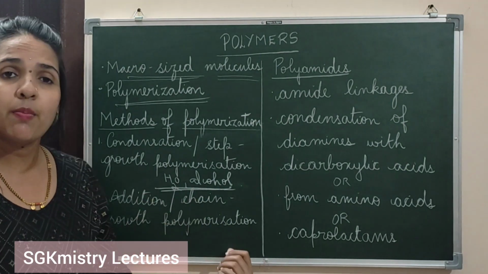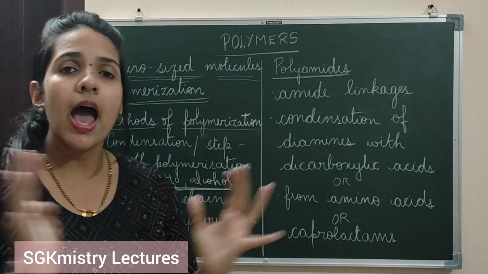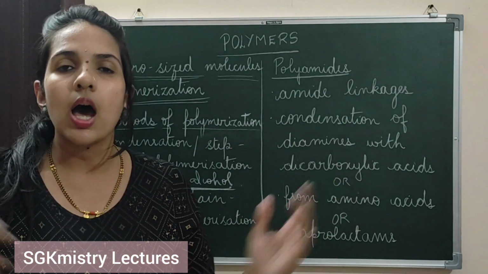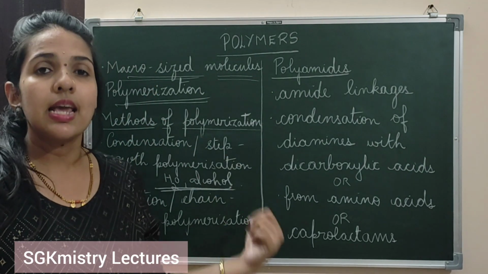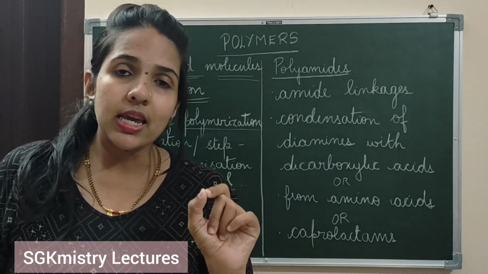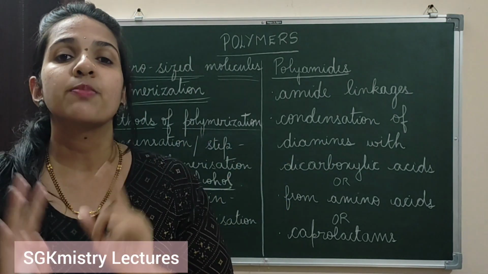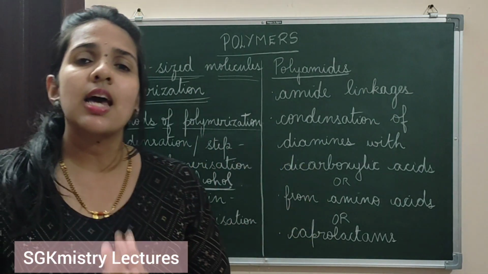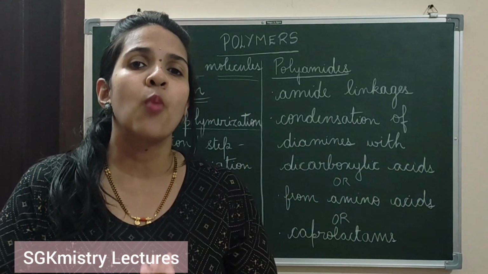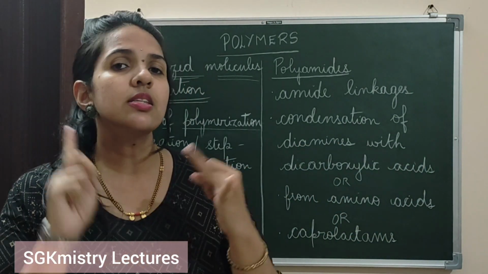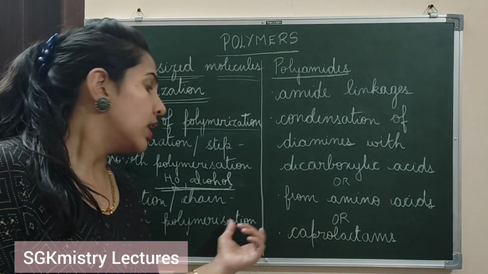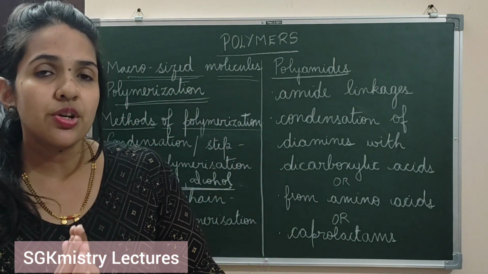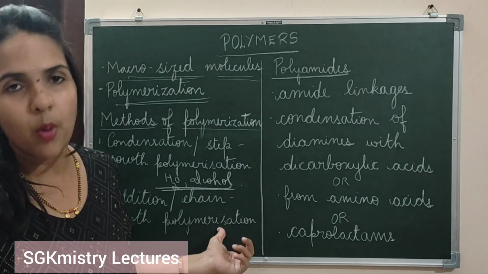Here, as the name indicates, the monomers add with each other to form the large polymer. Mainly, this type of polymerization is exhibited by alkenes or dienes and their substituted products. So these monomers, mainly alkenes or dienes or substituted alkenes or substituted dienes, react with each other by addition reaction to give rise to the polymers.